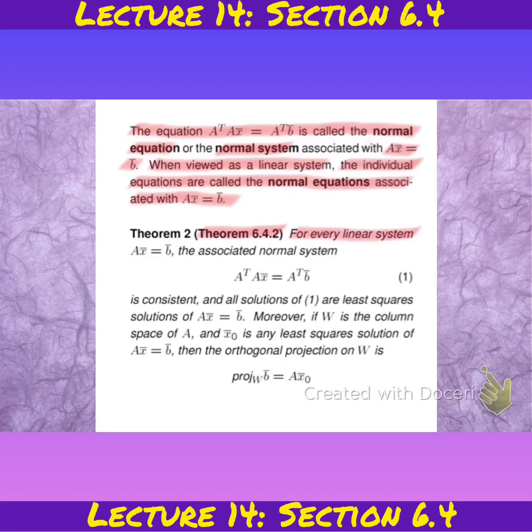For every linear system AX equals B, this associated normal system is consistent.